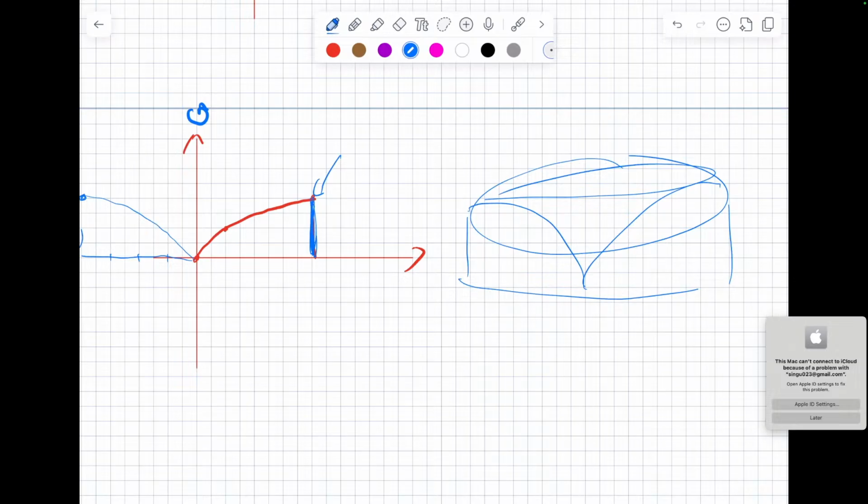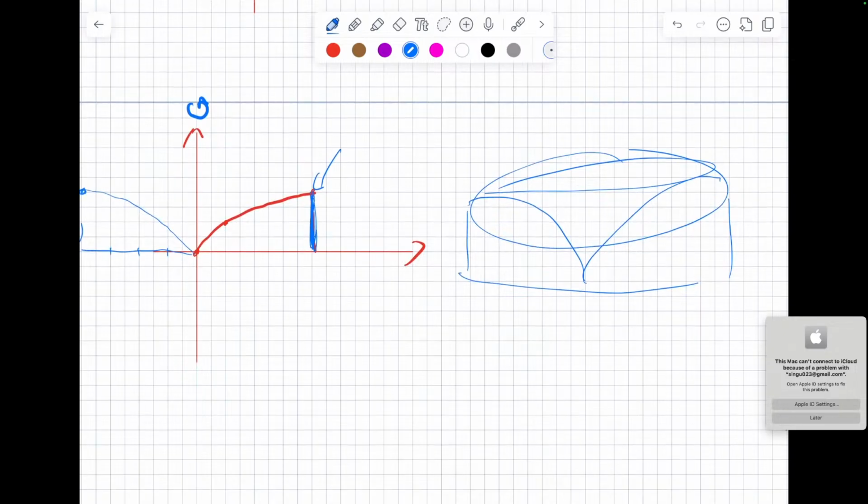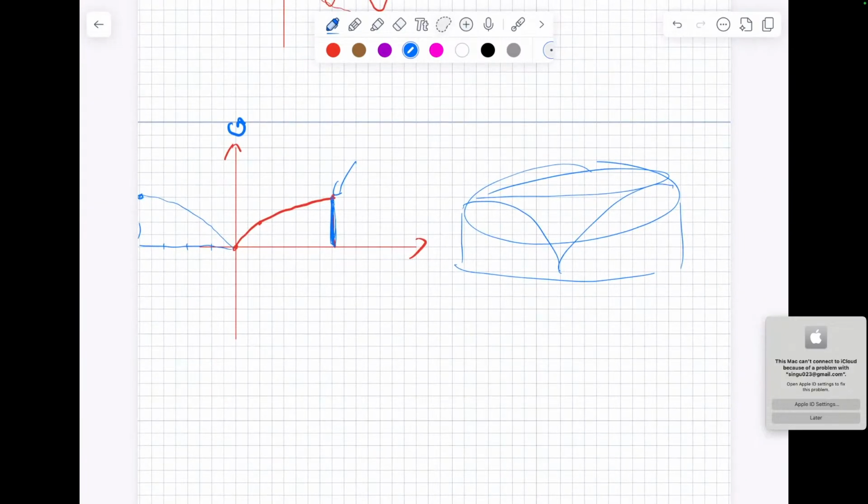First, you find the volume of the cylinder. Then you find the volume of the spin top, and then you subtract them. If you have a cross section, say this bundt cake, and you cut one small slice, you're going to see a bigger radius circle and a small radius circle.